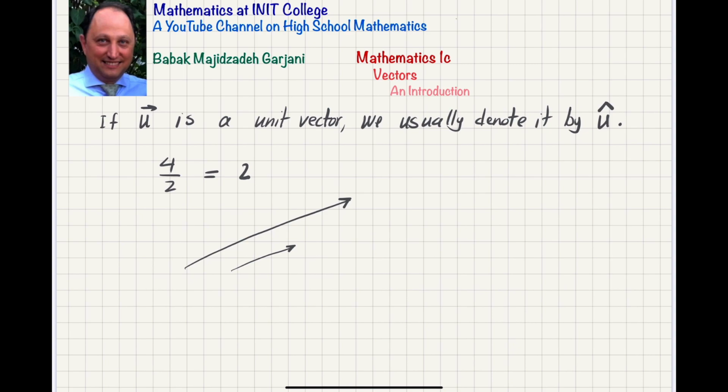It's not probably very good. But what do you think about this? I will take it 2 units, and then I will take this one also 2 units. Do you think it's reasonable to define these two vectors equal because both of them are of the same length too?